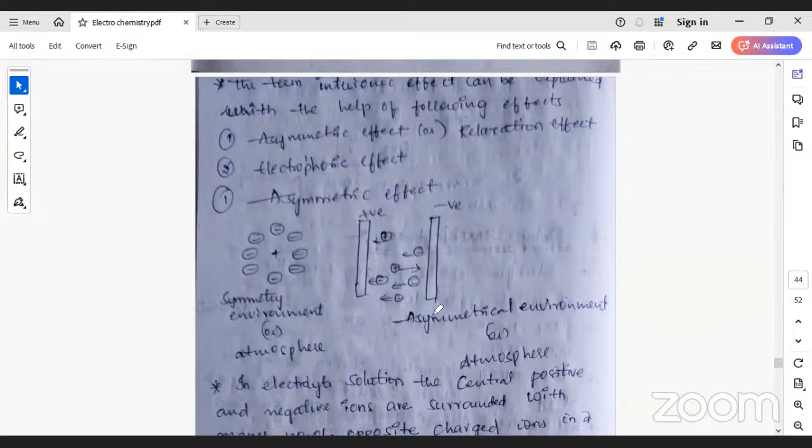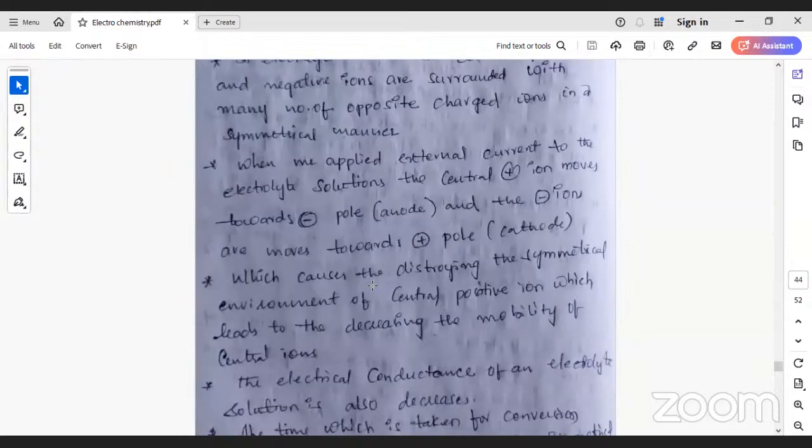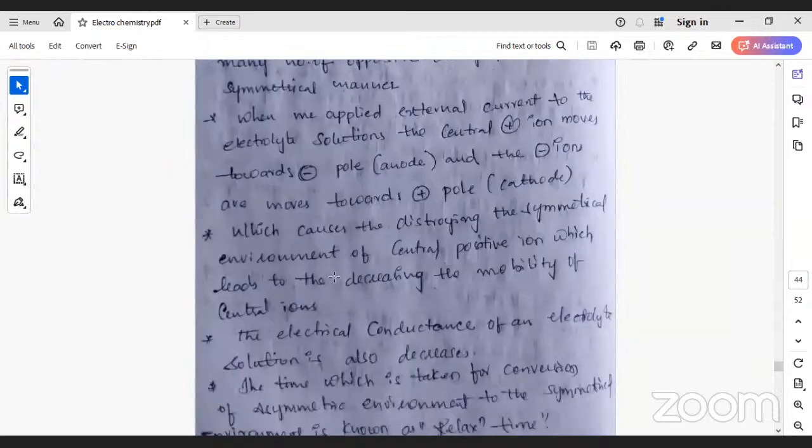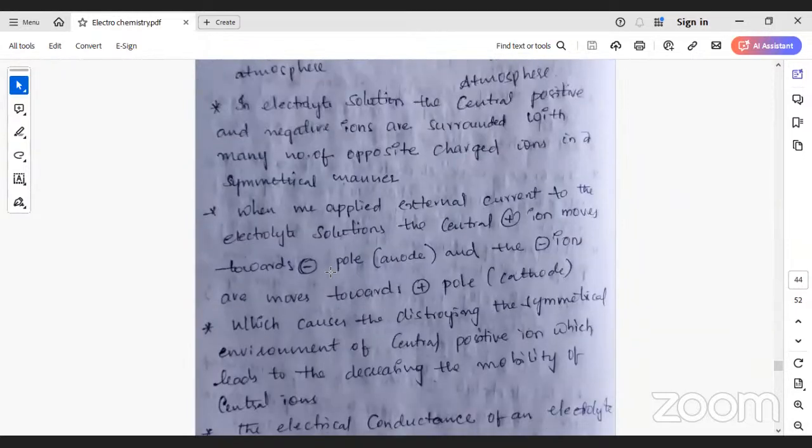Due to the movement of these ions, the symmetrical manner disappears. Therefore, an asymmetrical environment appears. So what will happen?